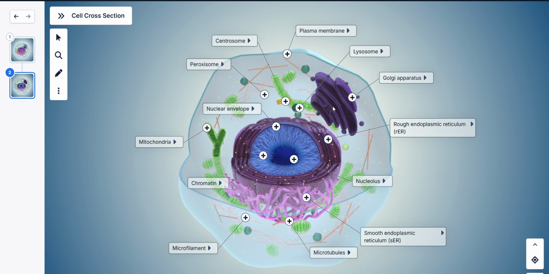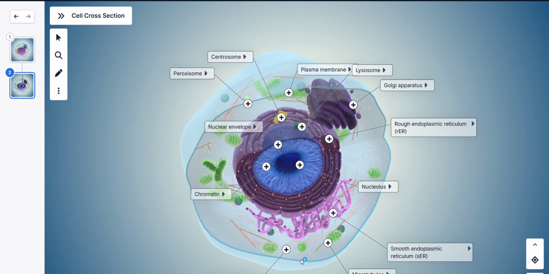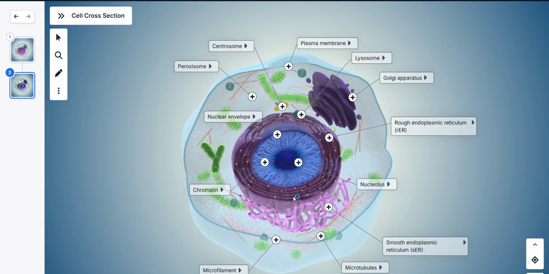Then we enter the Golgi complex. These are cell membranes that hold the whole things inside the cell. Then there is the nucleoplasm. Here you can see the viscous nucleoplasm.